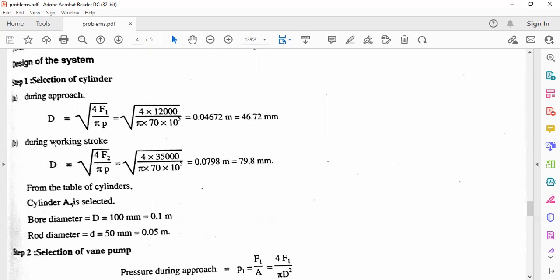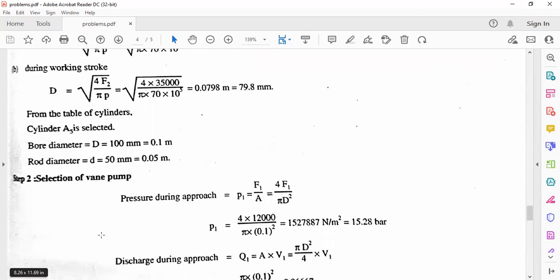During working stroke, D equals under root of 4F2 upon pi P, equals 4 into 35,000 upon pi into 70 into 10 raised to 5, equals 0.0798 meter, 79.8 mm. From the table of cylinders, cylinder A5 is selected, bore diameter D equals 100 mm, rod diameter d equals 50 mm.